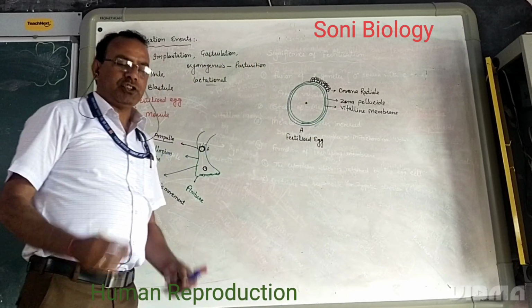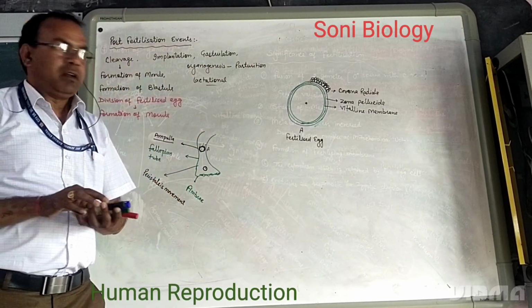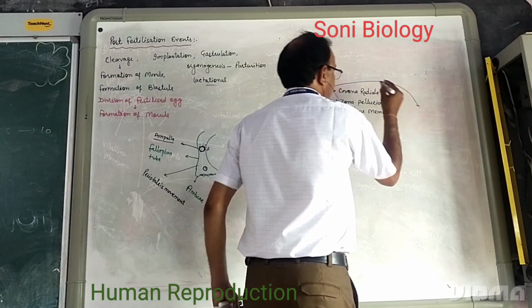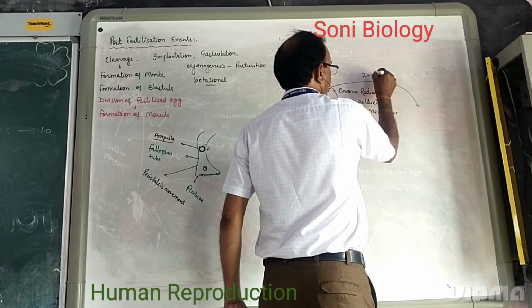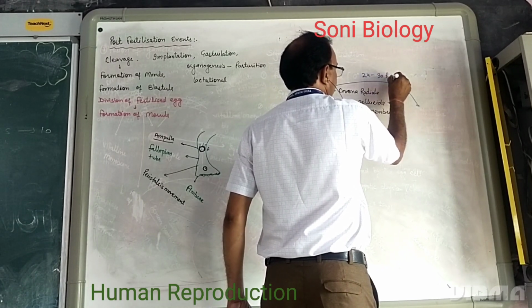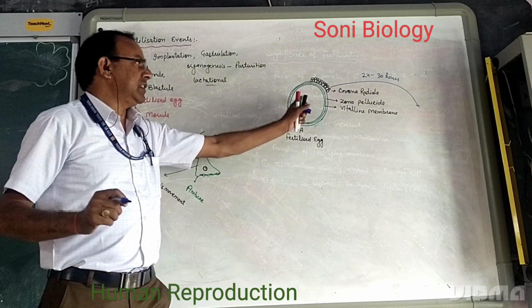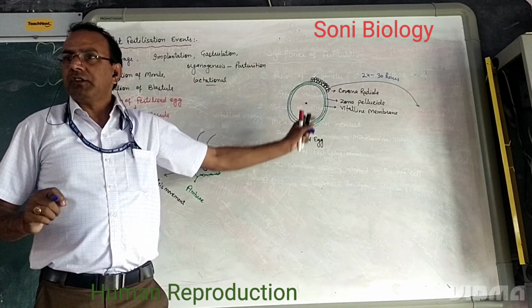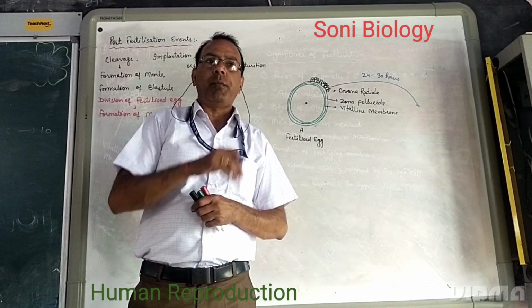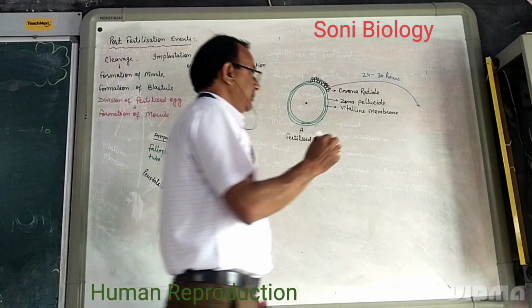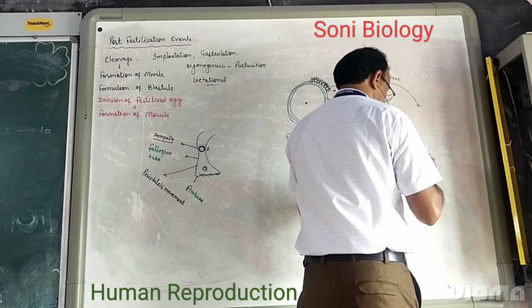After the fertilization of the egg, within 24 to 30 hours, division can be seen in this fertilized egg. This division can take place from animal pole to vegetal pole.